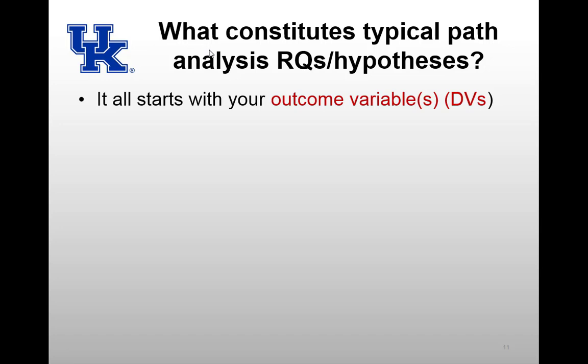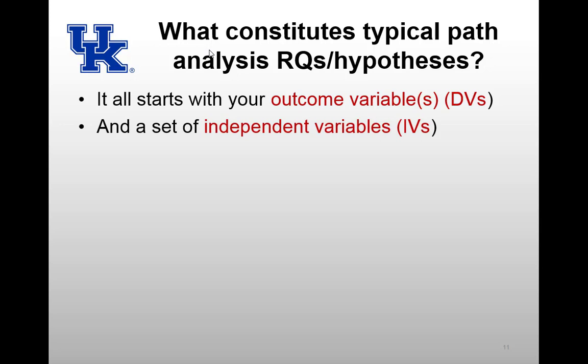You want to know what caused that, what affects that, what influences that. It all starts from your DV. It can be multiple dependent variables, and you have a set of independent variables. So you notice not only one relationship or one link, but multiple links, which involves multiple factors.